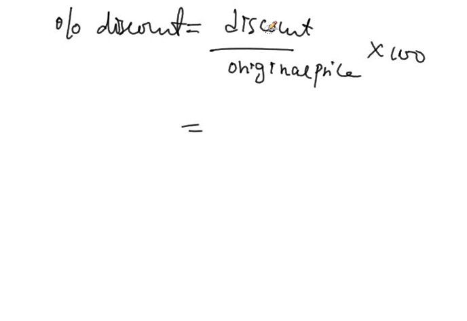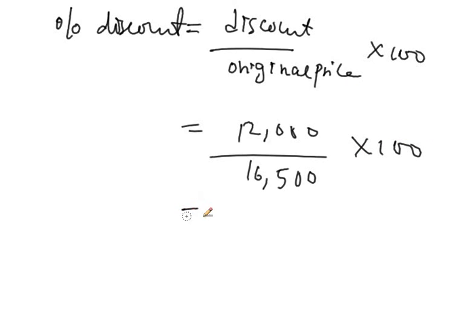Remember, you're giving a discount of what? You're giving a discount of 4,500 naira from the question. The original price was what? 16,500, isn't it? Then times 100. So let's do this together. 0 cancel 0, 0 here cancel 0 here.